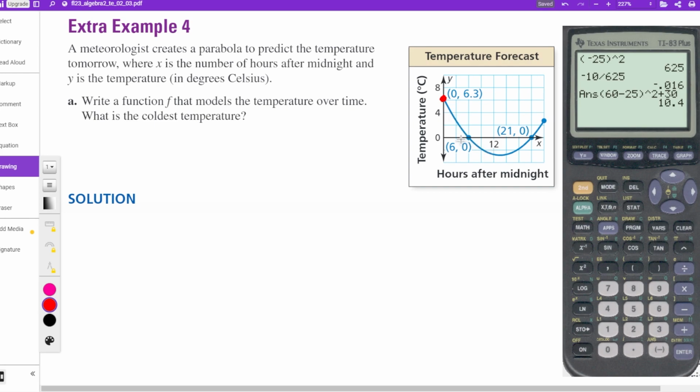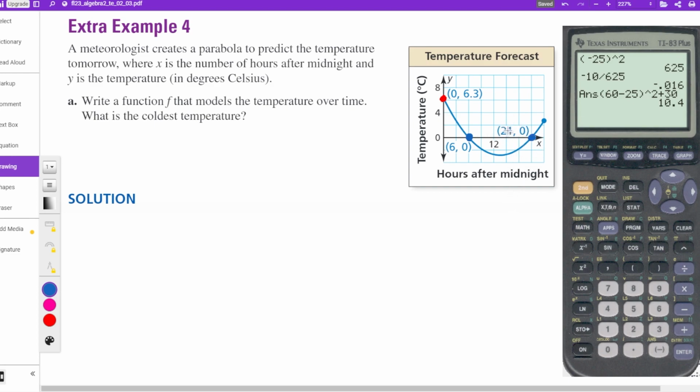Then moving along the graph, 6 hours after midnight, so now that is 6 a.m., we have 0 degrees Celsius. And then the temperature dips below 0 degrees Celsius and then comes back up, crosses the x-axis again, 21 hours after midnight.